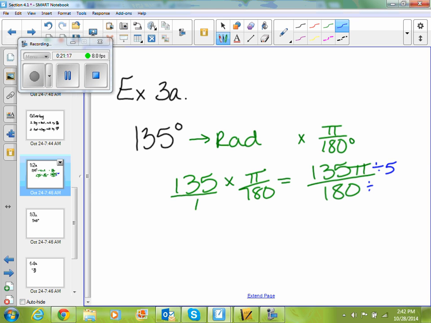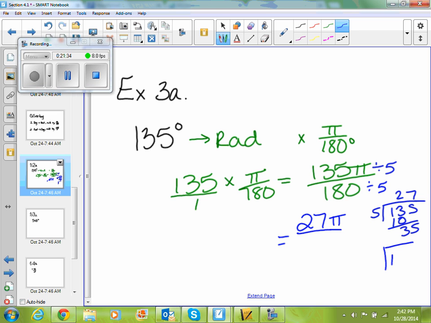I think it reduces by 5. So I end up with 27 pi over 36, which then I reduce by 3.